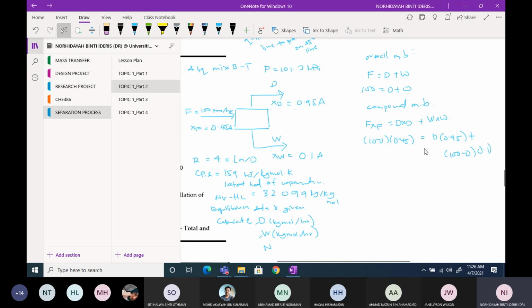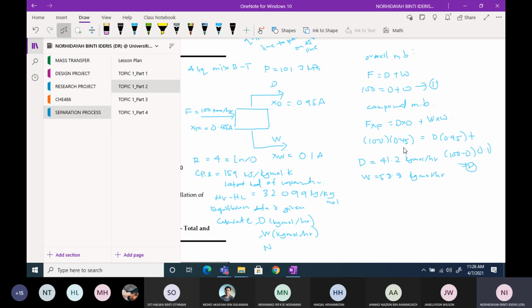I think this one is a very simple mass balance. You no need to make a revision on your CPV one. This is the first equation, the second equation, then eventually we can solve for D. So D is 41.2 kilogram mole per hour and W is 58.8 kilogram mole per hour. Sorry, saya pergi laju sikit because I think this one is just a simple mass balance on the distillation column.